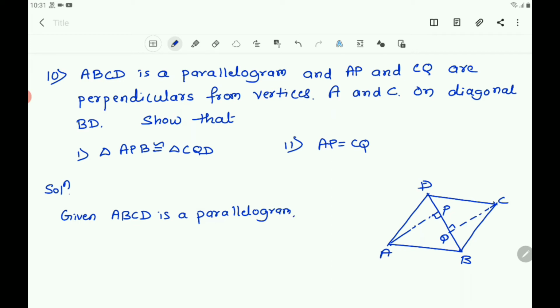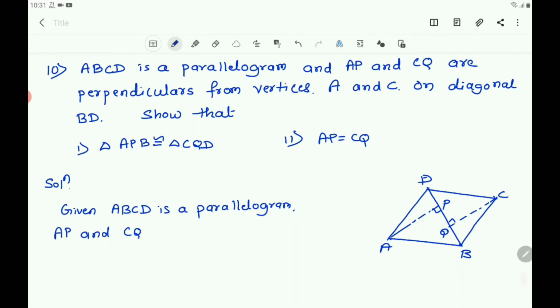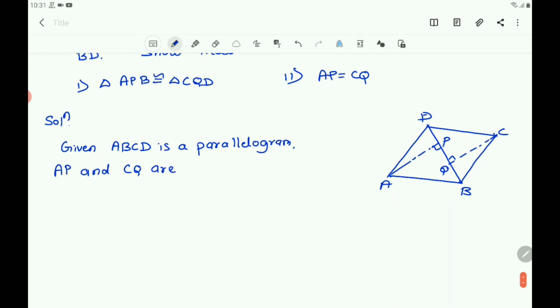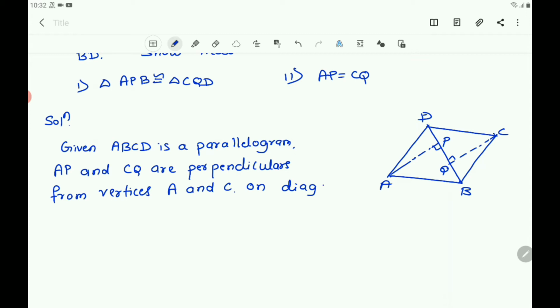AP and CQ are perpendiculars from vertices A and C on diagonal BD.